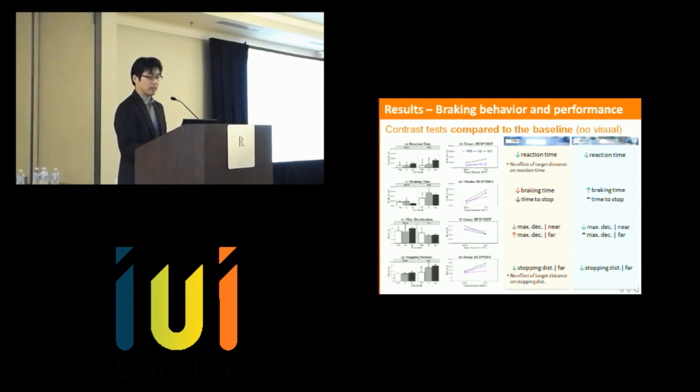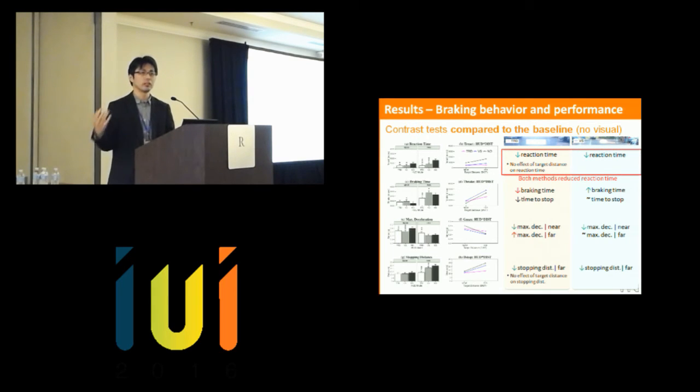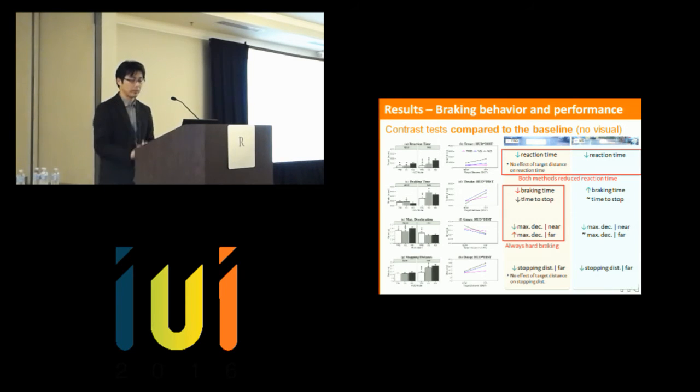These are our results, with details in the proceedings. But in summary, both methods reduced the drivers' reaction time. So by using a warning system, the driver comes to know of the presence of the pedestrian anyway. The conventional traditional warning always led to hard braking, meaning that regardless of the distance to the pedestrian, the driver always braked hard.